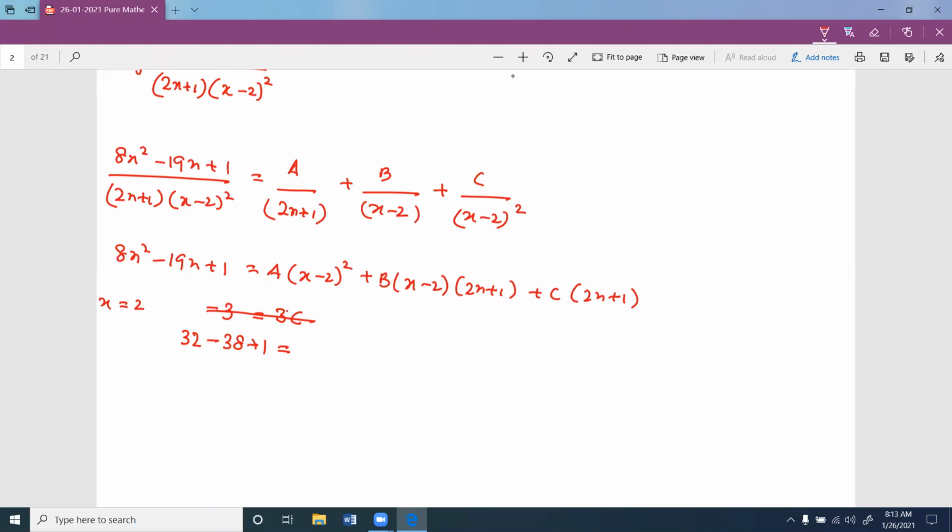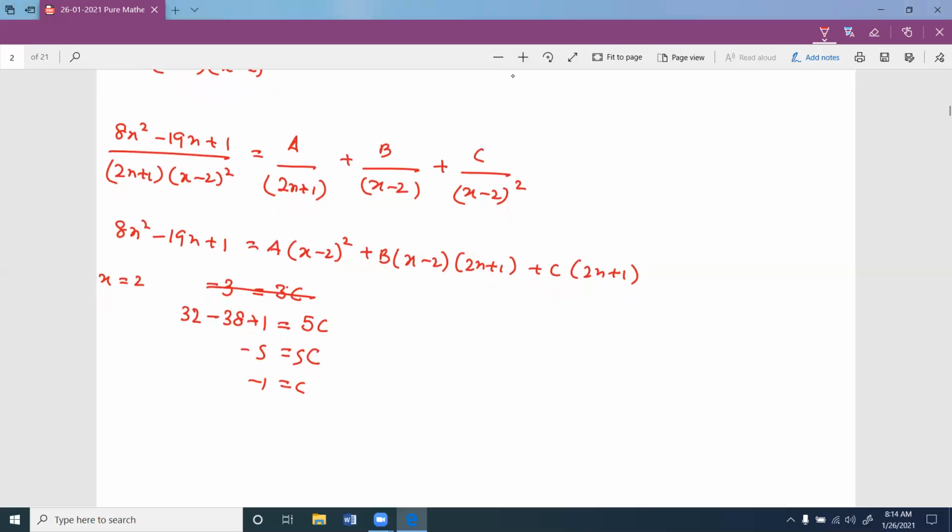Both the terms get cancelled. Yes, that's correct. 32 minus 38 is minus 6. Minus 6 plus 1 is minus 5. It's 5C. Therefore, C is equal to minus 1.